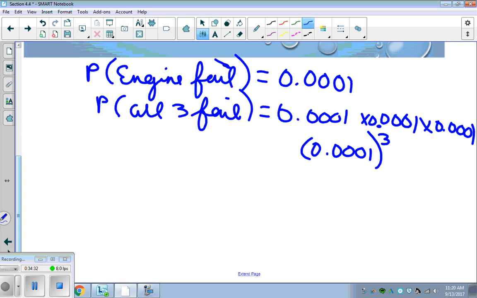Independent events. And you can try to put that in your calculator, and when you do, you're going to get what's called scientific notation back. And it's going to say 1, 2 times 10 to the negative 9th. That's scientific.